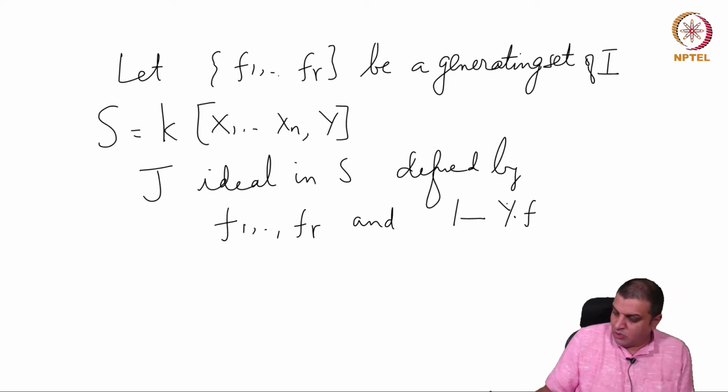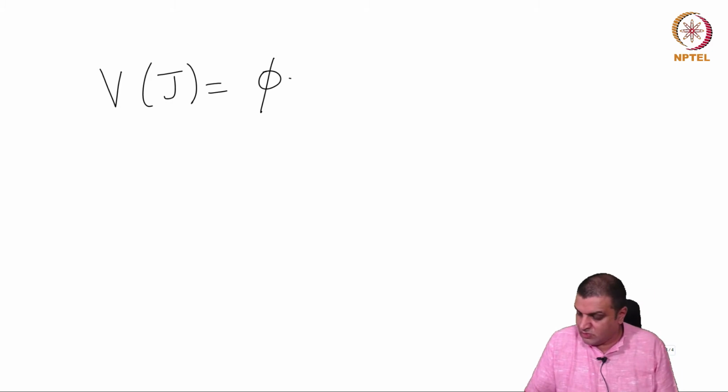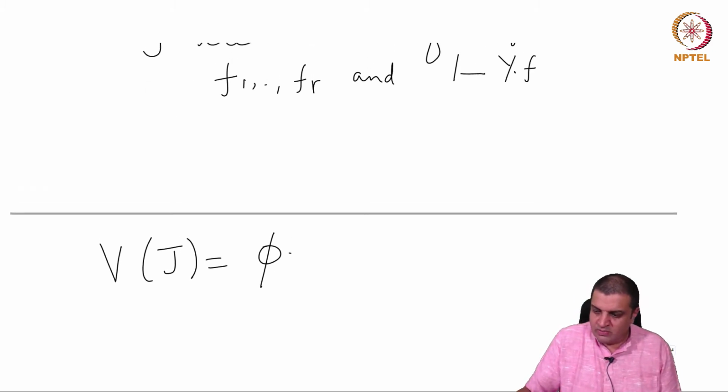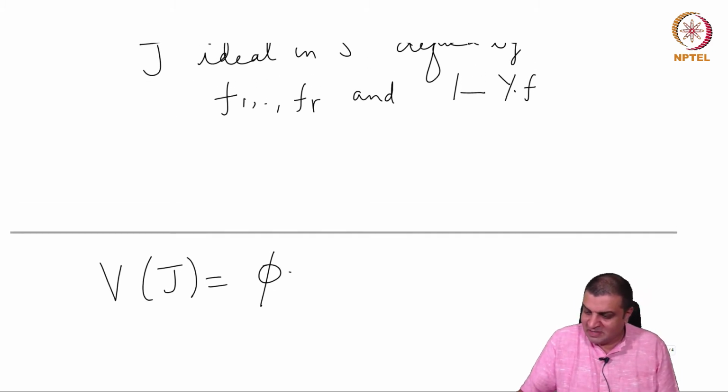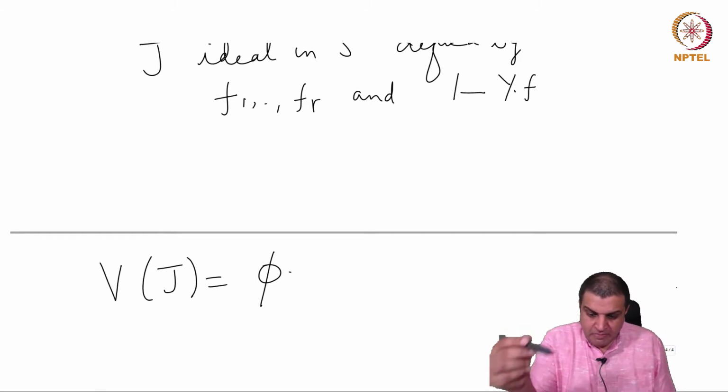Now the observation that we want to make is that V of J is empty. So let's look at why that is the case. You should write out the details. It's not very difficult.